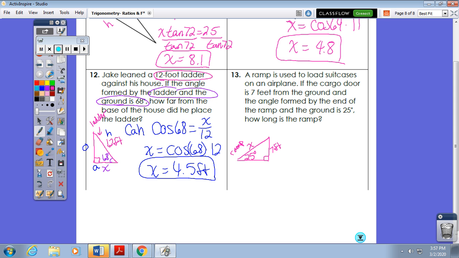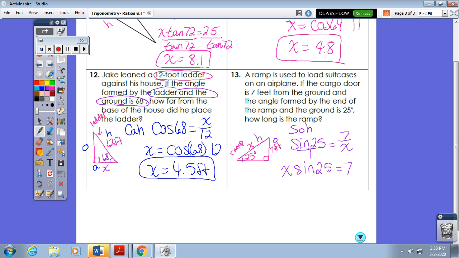So I just read through the problem and placed things into my triangle. So if I'm standing here, I have opposite and hypotenuse, which is going to be sine. So sine of 25 degrees is going to be equal to 7 over x. So then I'm going to cross multiply. So I'm going to get x times sine of 25 is equal to 7.